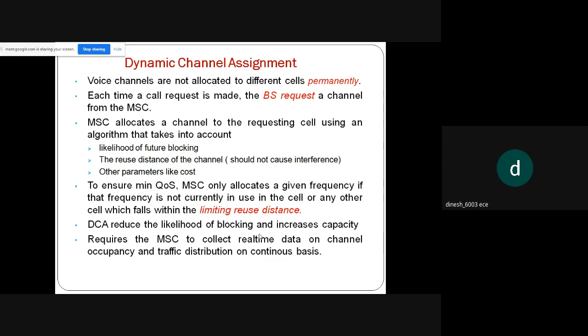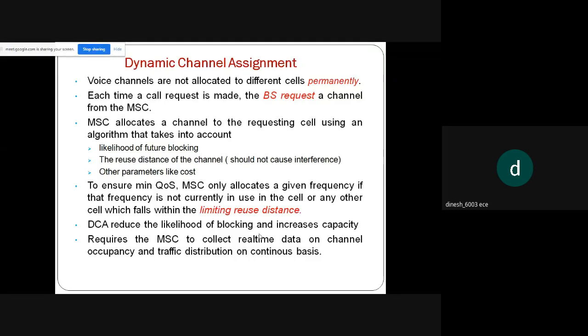The first feature is blocking. Second, it should not cause interference, and other parameters like cost. It should not take much cost for making a call. So the mobile switching center will have all the features.